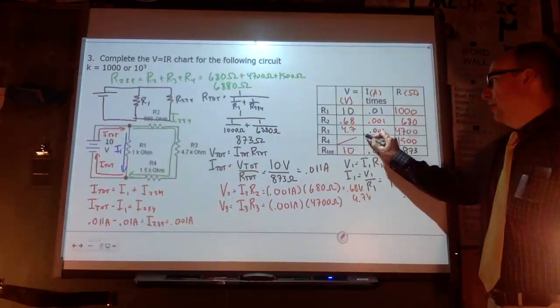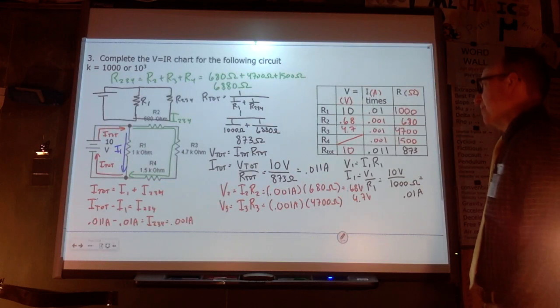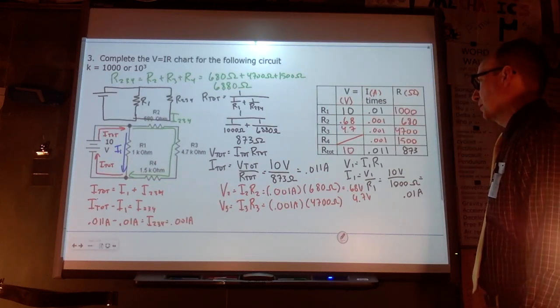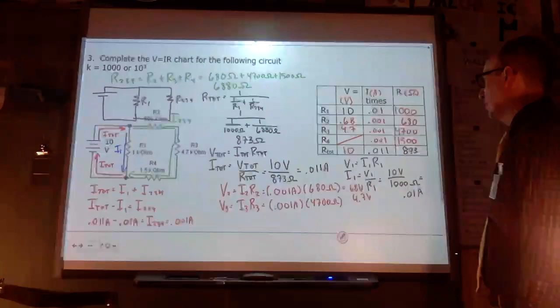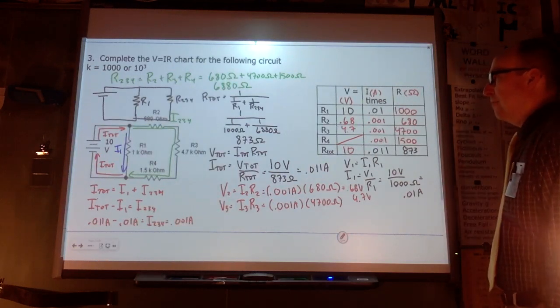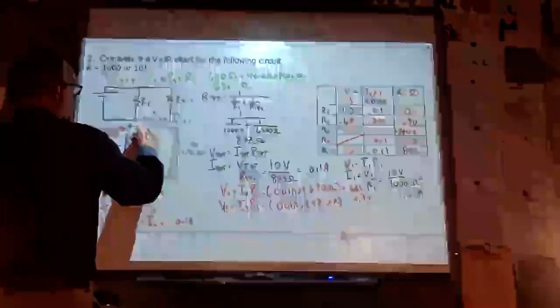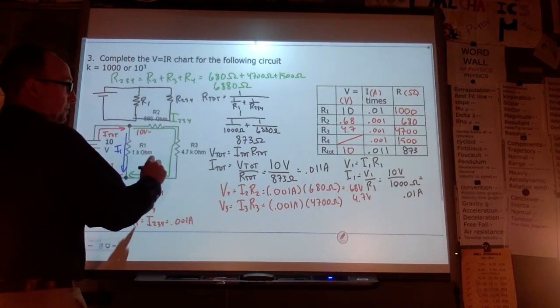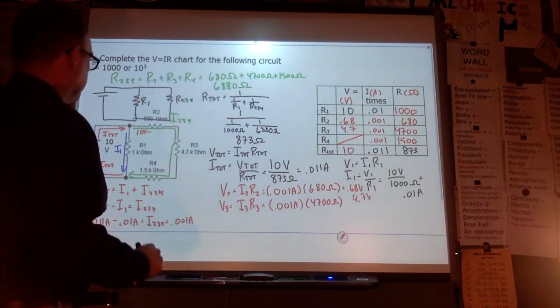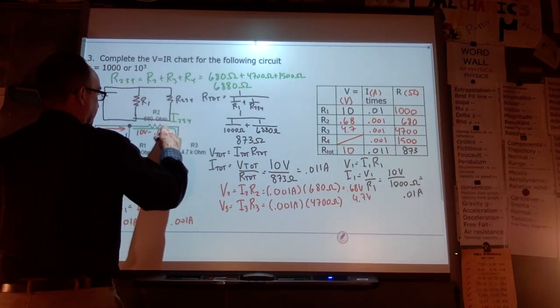And then the last one you should be able to get in two different ways. I feel like I'm going to be way off on this. One of them, I know that I had 10 volts here. And when I crossed that first resistor, R2, that was only 680, I lost 0.68 volts.